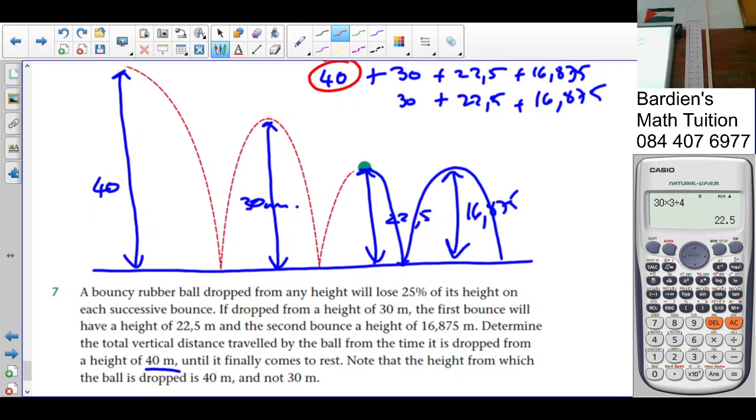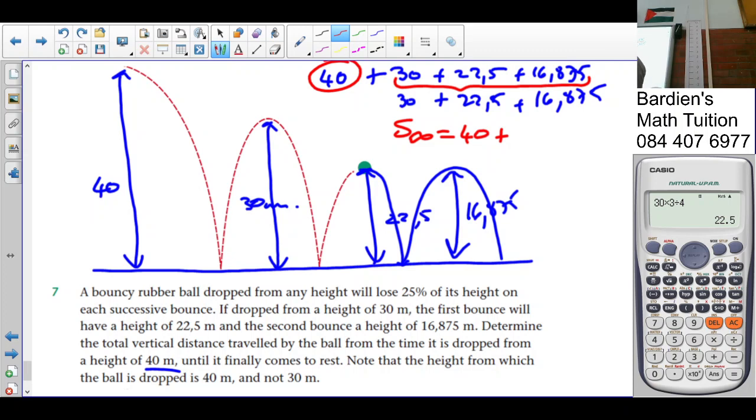Can you see that? So if you're going to work out the total distance covered by this ball, the total distance is going to be 40, which does not conform to the pattern. Plus, what we do is take this here as the sum to infinity.